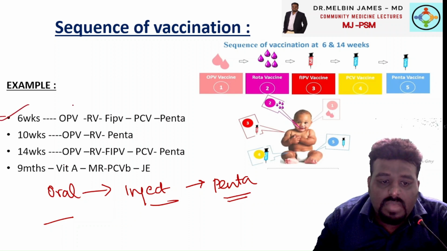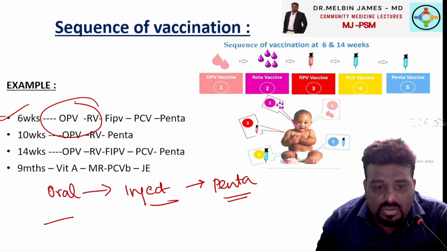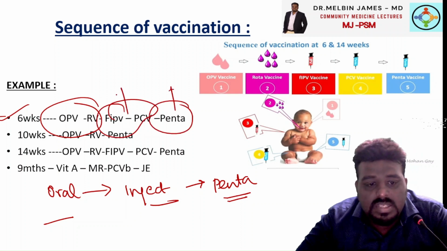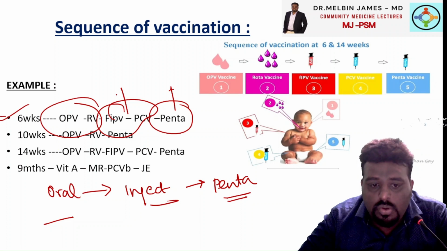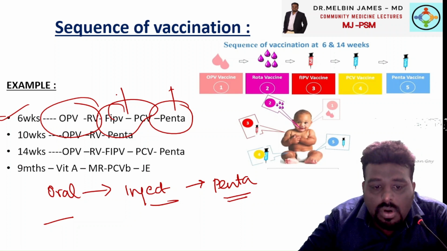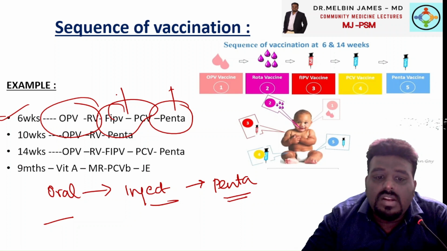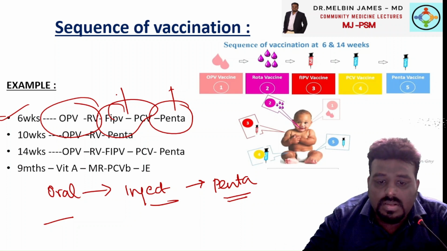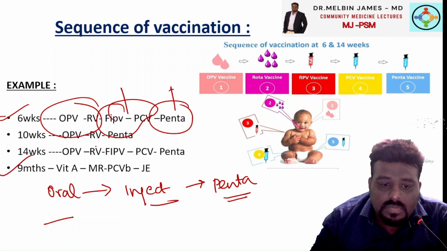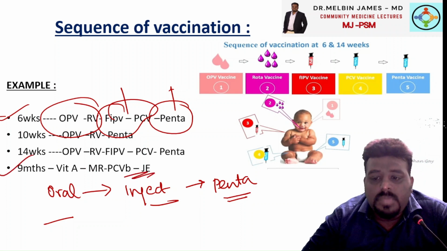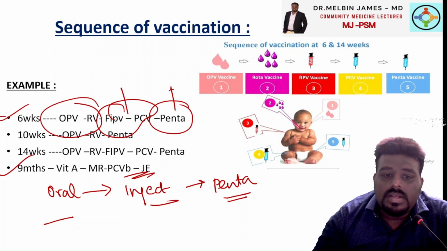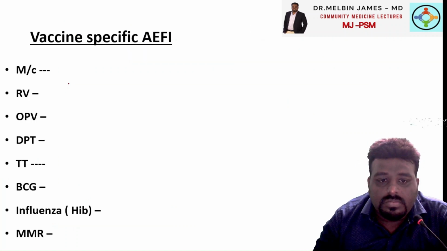For example at 6 weeks, we start with OPV and RV first, which are oral, then fractional IPV and PCV, and finally the penta. At every stage of the schedule, we start with oral, then injectables, and finally the penta. If penta is not there, the JE component is given last at the age of 9 months. This is mainly so that the child can cooperate well. That's the sequence of vaccination.